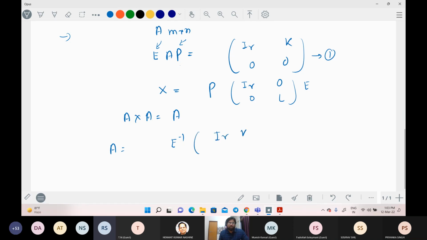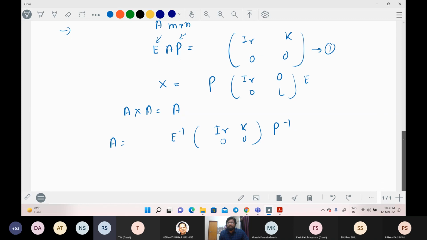Then just apply this to AXA, and it will come out to be A. It's not difficult to prove, because E inverse E will come, that will be E, P inverse P will come, that will become your P, and the matrix that comes in between will give you this particular thing.